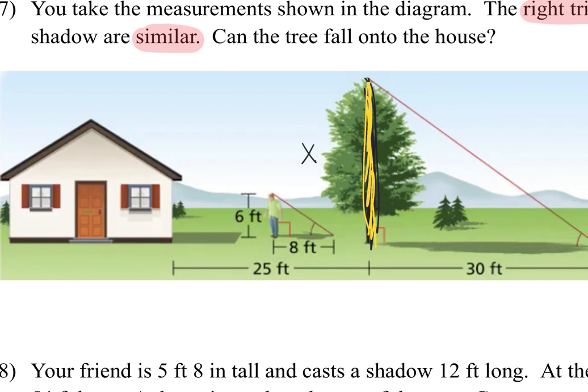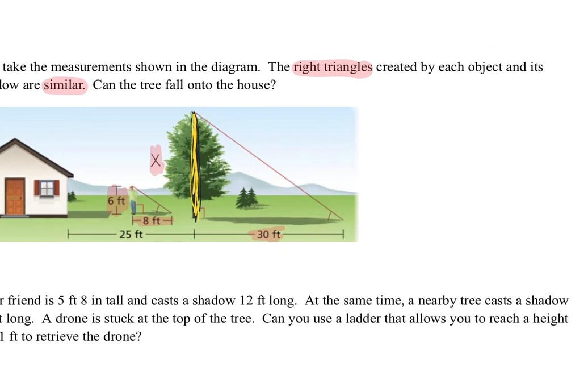So what we're going to use for the proportion is the person's height, 6 feet, the person's shadow, the tree's height, and the tree's shadow. So whatever we decide to put on top for our proportion for the person, we'll start with the person. That's what we have to put up top for our tree. So let's do the height for the person.